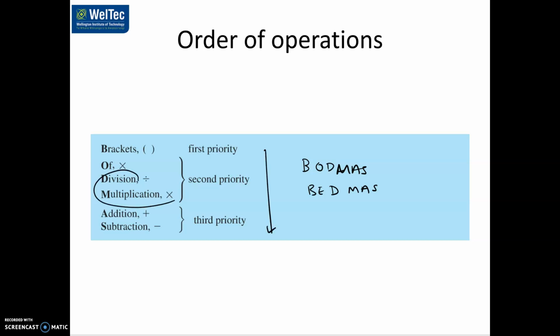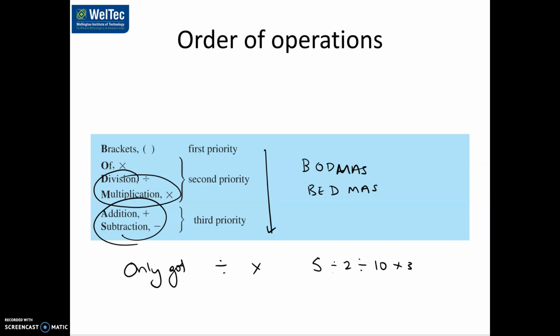Now, division and multiplication are the same priority. They're the same level in the hierarchy as is addition and subtraction. If you've only got, say, division and multiplication in an example, say 5 divided by 2 times 4, then you've only got the two on the same level, so you just work left to right.